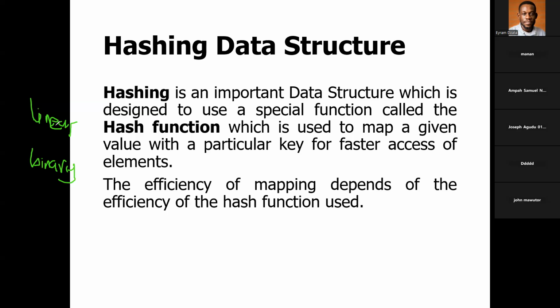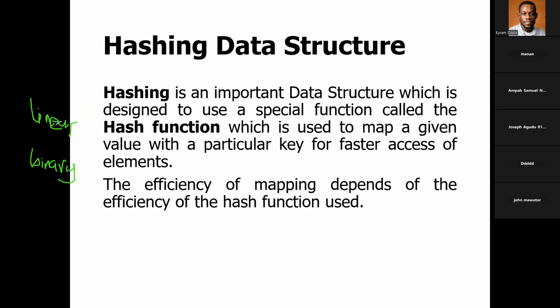Faster in this context means: if one is giving you n and the other is giving you log n, how can we access an element faster, thereby giving us maybe a constant growth rate? Okay, so that is where hashing comes in.